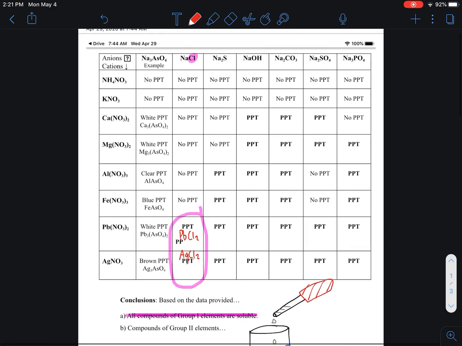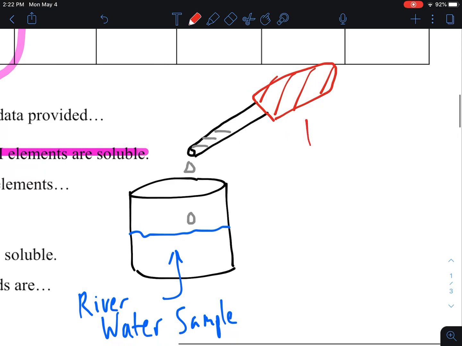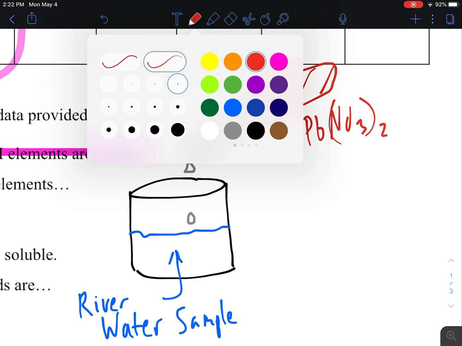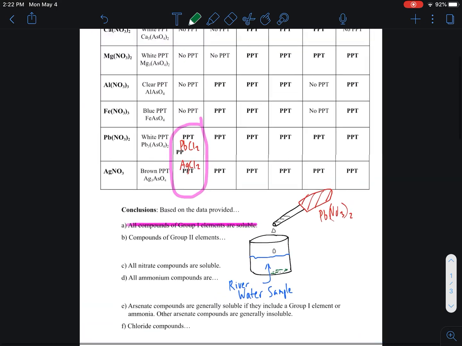Of course, we would need to add a compound that has lead and a compound that has silver. So let's say we do that. Let's say that we add lead nitrate, PbNO3, to our river water. And sure enough, let's say that we get a solid forming. I'm just going to choose a green solid here that's forming and falling to the bottom of the beaker.